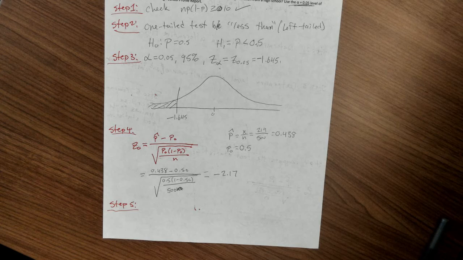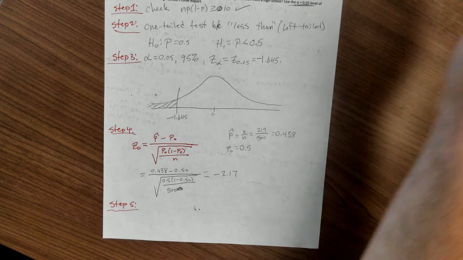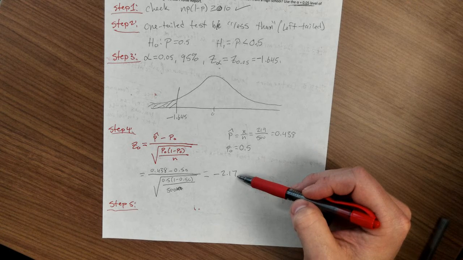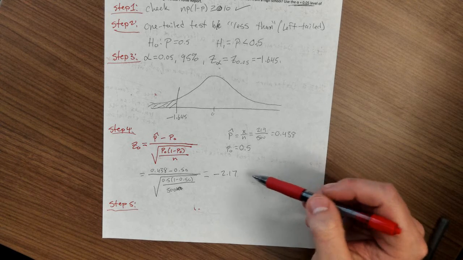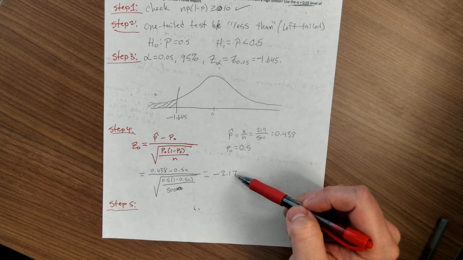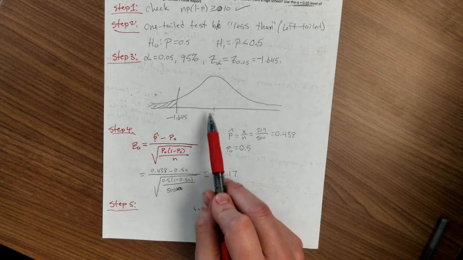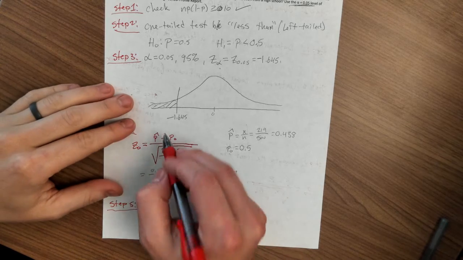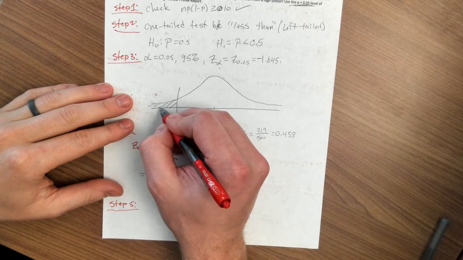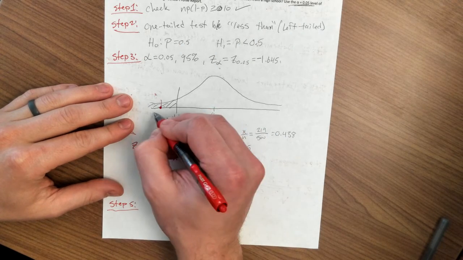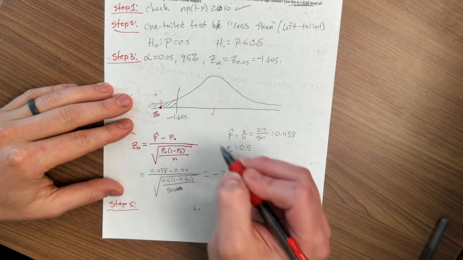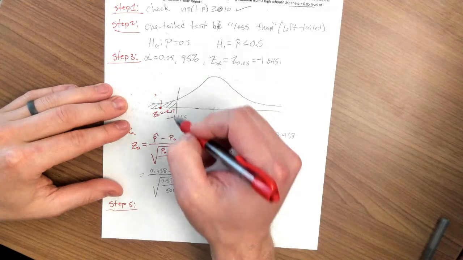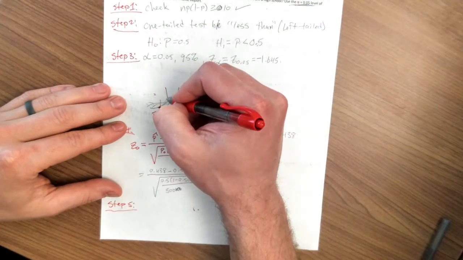All right, I'm going to go ahead and get started. We found our test statistic of negative 2.17, and this is our z naught. We want to see where z naught lies on the graph that we drew up here in step 3. Negative 2.17 lies out here. That is within our critical region.